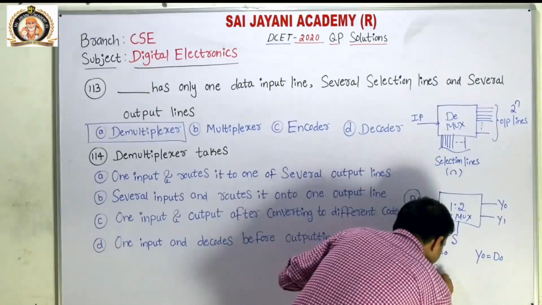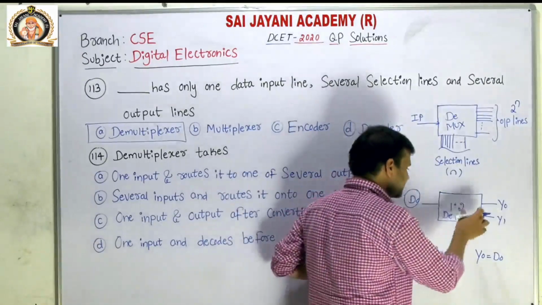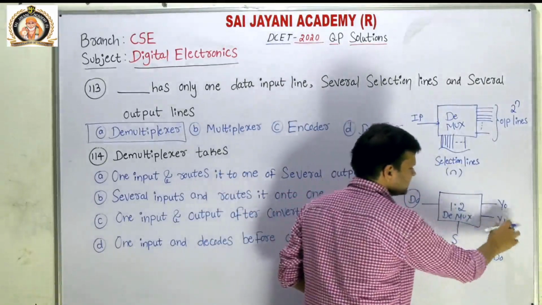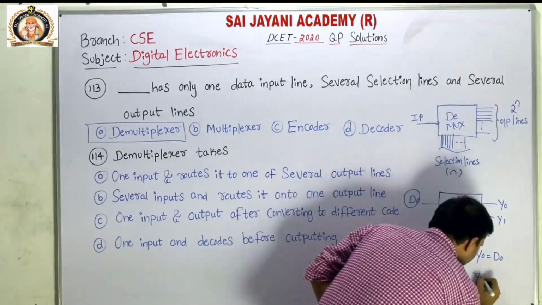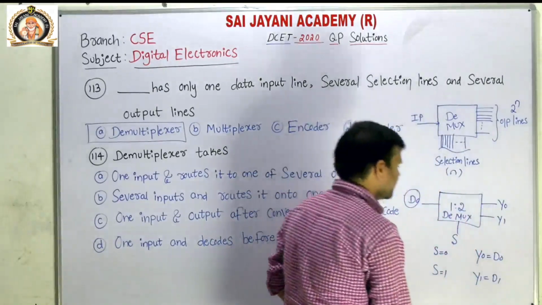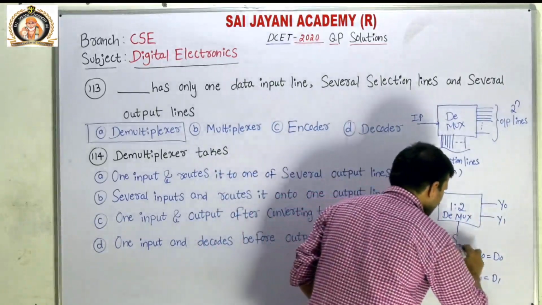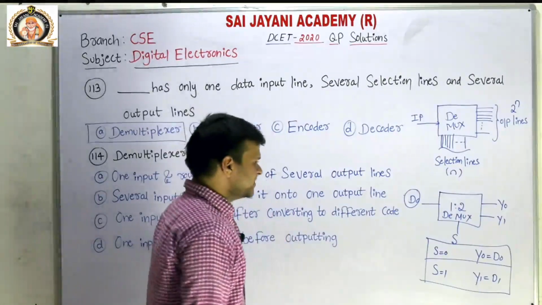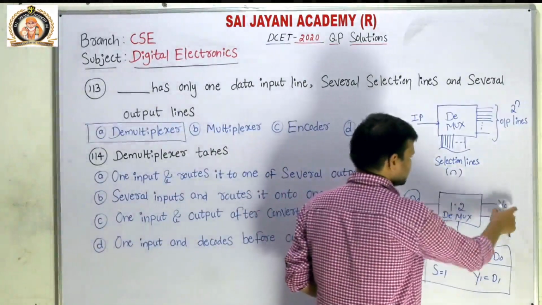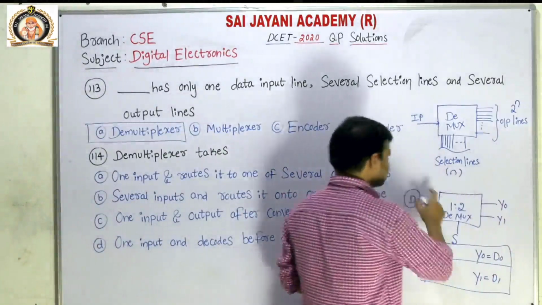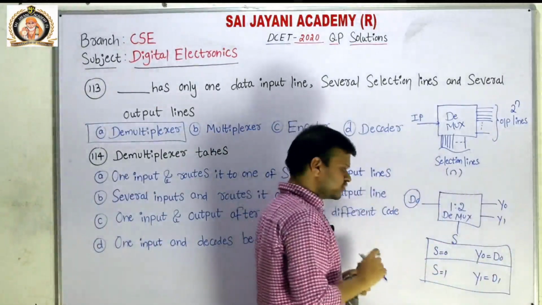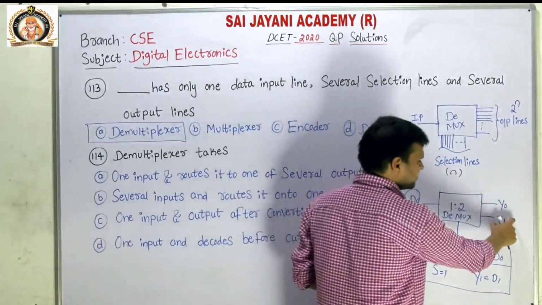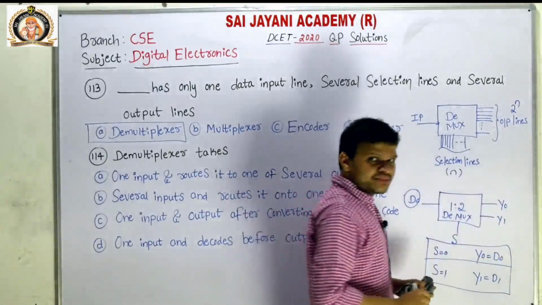Similarly, when S is equal to 1, then D0 is placed at the Y1 side. So Y1 is equal to D0 when S is equal to 1. That means when S is equal to 0, the output Y0 selects the D0 input. Similarly, when the selection line is equal to 1, the output Y1 selects the D0 input.